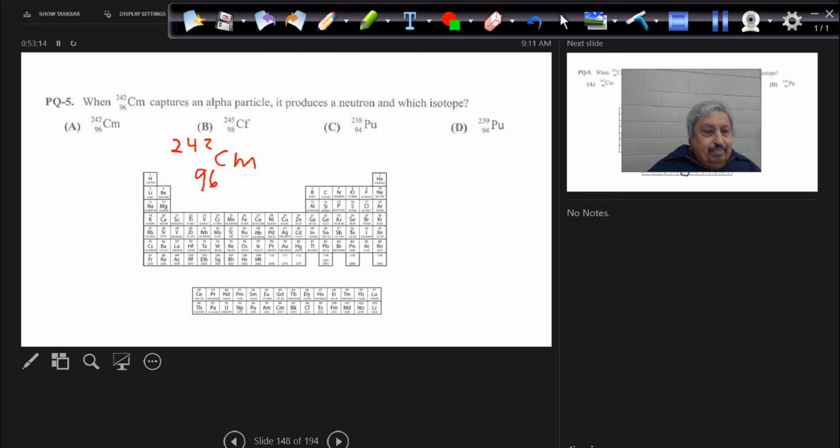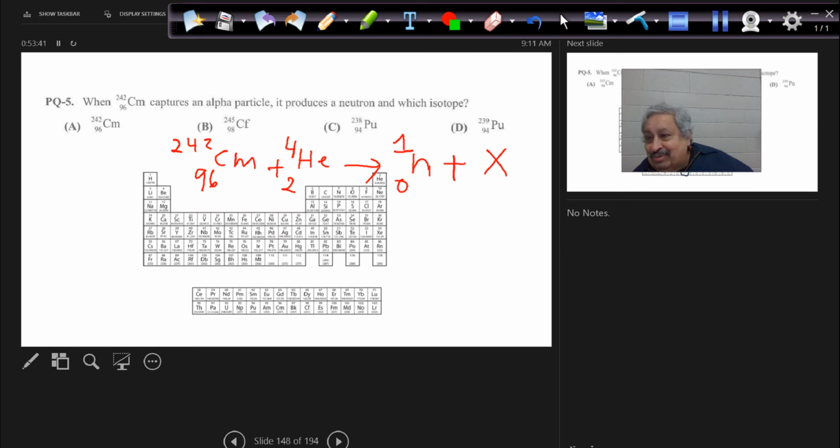Captures an alpha particle. Captures means take in. Alpha is a helium, correct? Atomic mass is 4, atomic number is 2. To produce a neutron, we saw that atomic mass is 1, atomic number is 0. Plus X. X will be what?